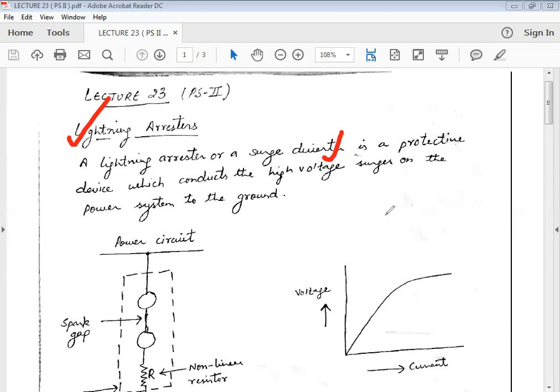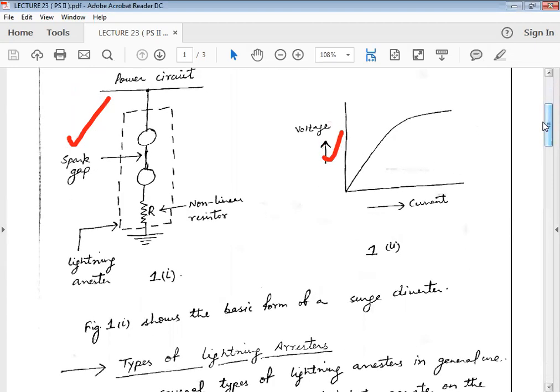Looking at the basic block diagram of the lightning arrester, it consists of two electrodes and one non-linear resistance. The property of the non-linear resistance is that during the fault condition, it limits the excessive current flowing to the ground.